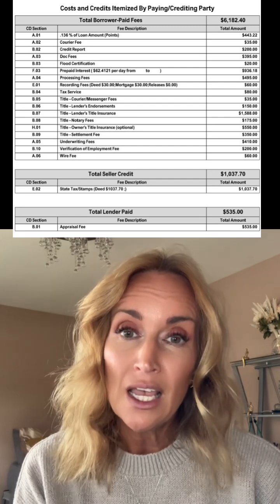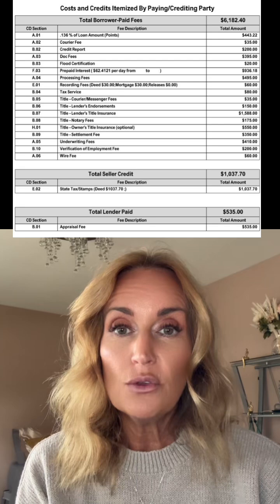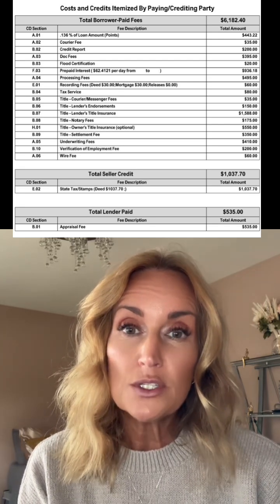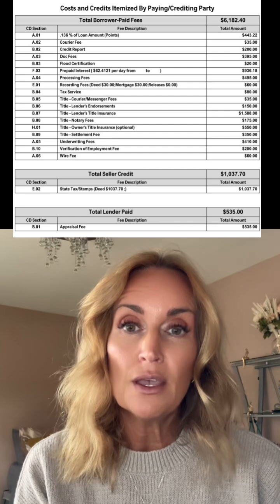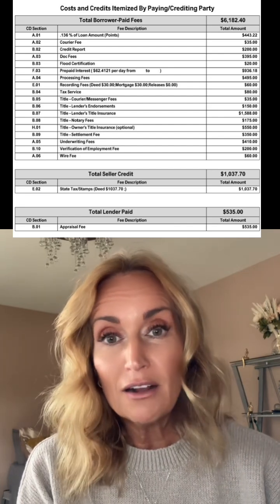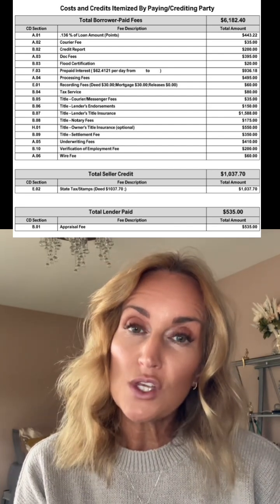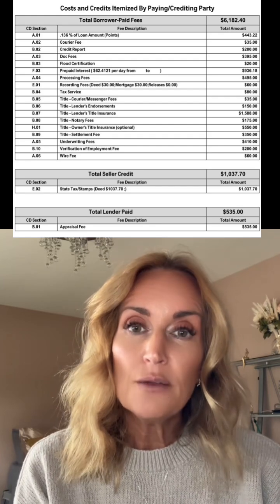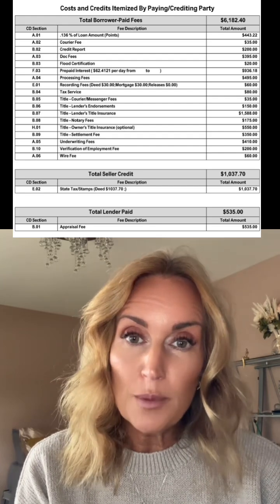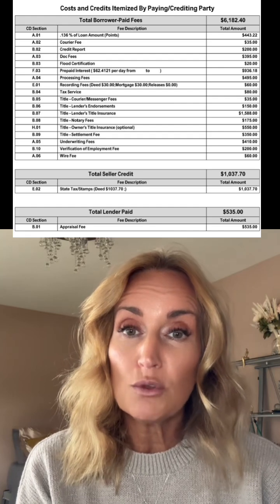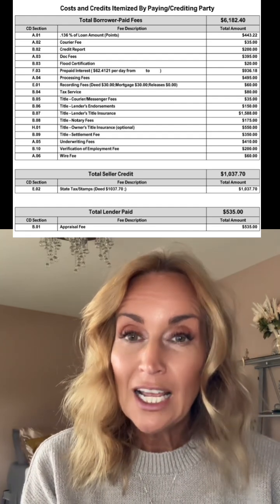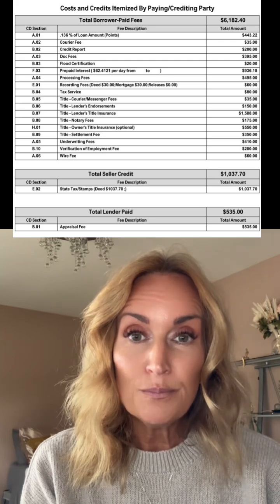That estimate is giving you that information so you can be aware, but you as the consumer need to be aware of what's on there and try to understand what those fees are. Now, if you have a good loan officer, that person should be going through that information with you so that you understand what those fees are, and why they're there and what you can expect.